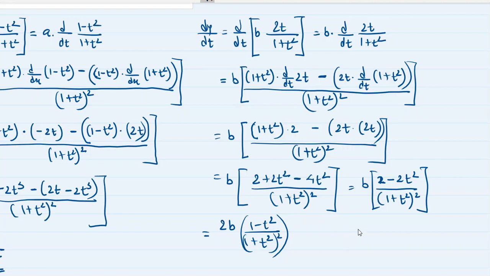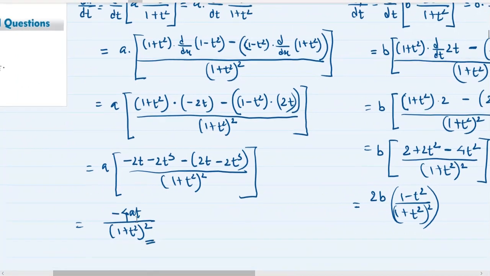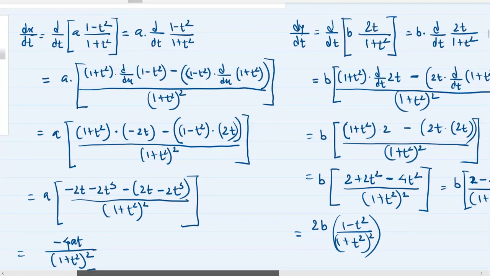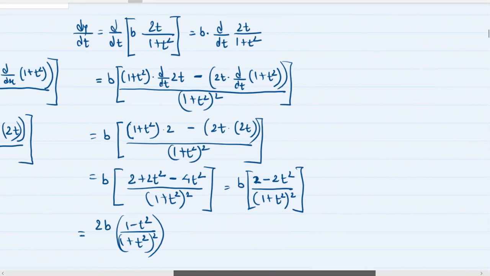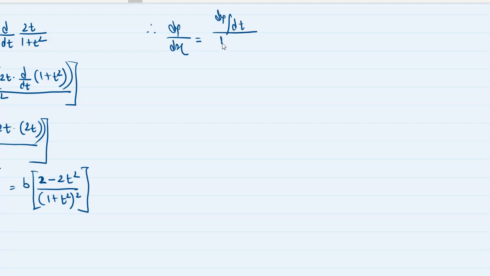Now since we have got dy by dt and here we have got dx by dt, correct, we can find dy by dx. Therefore dy by dx is equal to dy by dt upon dx by dt, parametric equations.